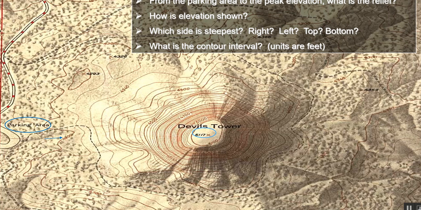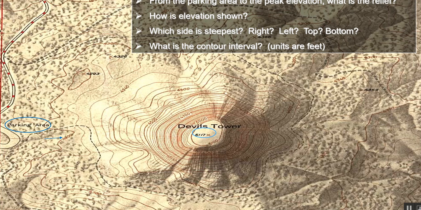So I found the closest one that did have it, and I pointed that blue arrow over here, 4300. We know that that's the elevation for this contour line. Working backwards, now that we know the contour interval of 20, we know that the elevation is 4280.